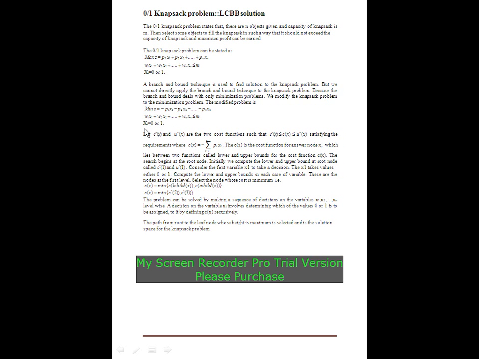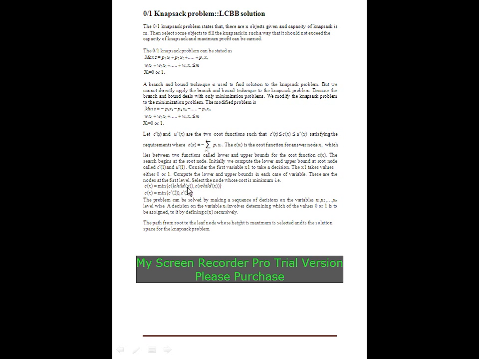And the condition is, let c of x and u of x be the two cost functions such that c dash x less than or equal to c of x less than or equal to u dash x, satisfying the requirement, where c of x is the sigma of profits of x and u of x is also the profits of x.